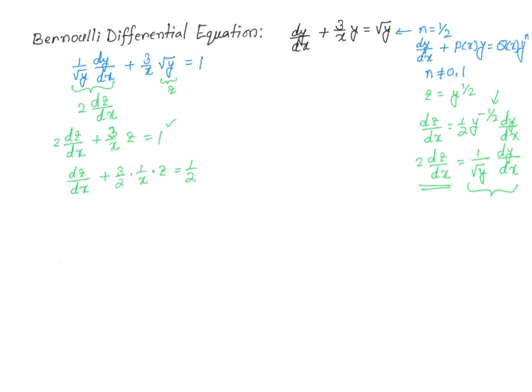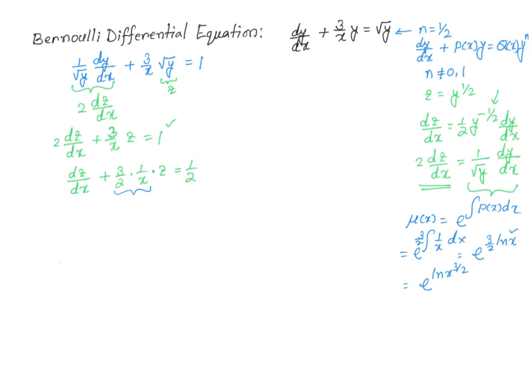My mu of x, the integrating factor, is equal to e to the power integral p of x dx, which is, by the way, going to be just this number. That's going to be e to the power integral 3 over 2 times 1 over x dx. That's going to give me e to the power 3 over 2 ln of x, or e to the power ln of x to the 3 over 2.